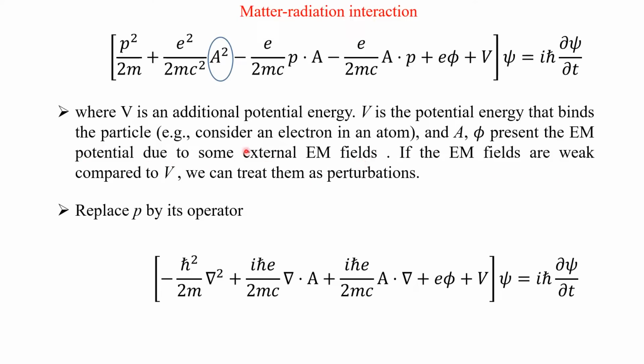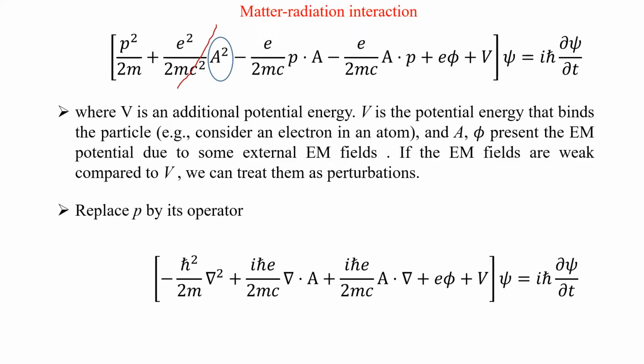If the EM fields are very weak compared to V, we can treat the electromagnetic field as a perturbation. Here I would like to highlight one important point. We are taking the EM field as weak in comparison with the potential energy V. Hence, A² is very small, and we can ignore this term.